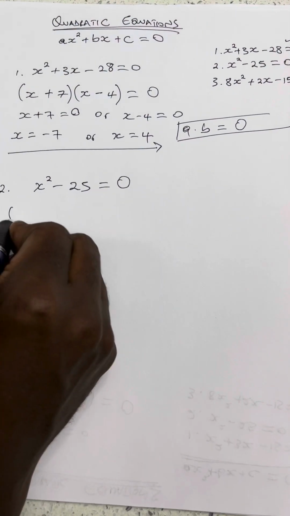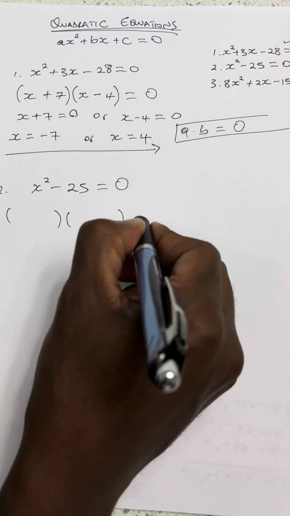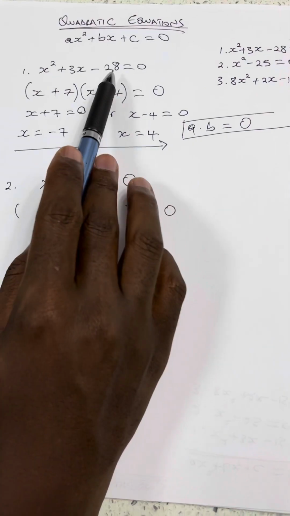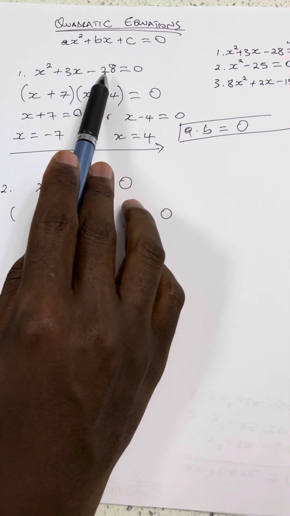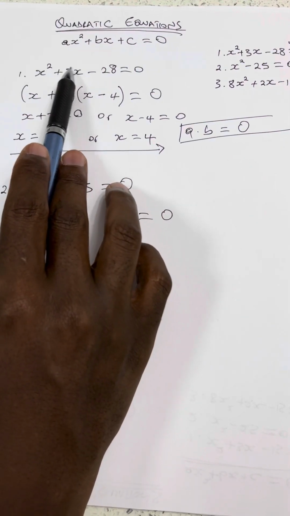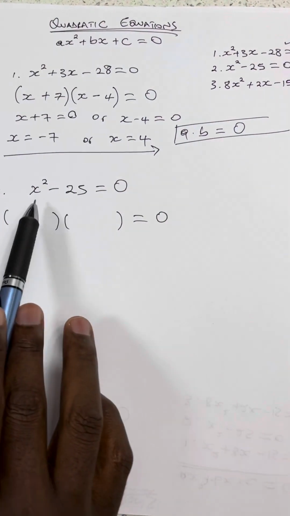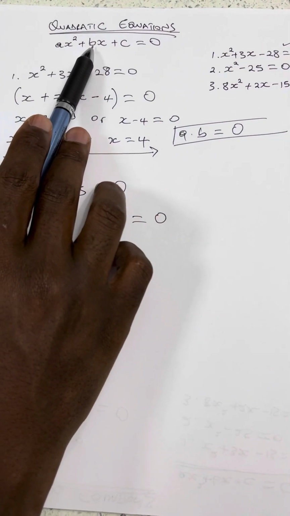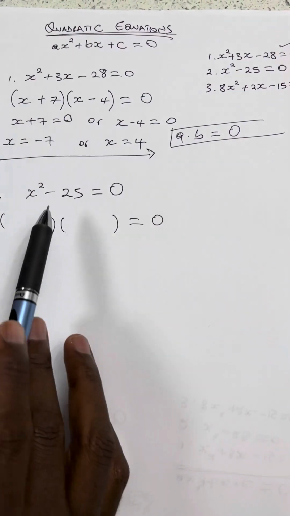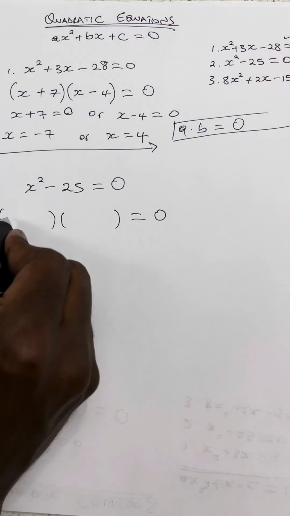So when you factor this, you can use the same thinking behind what I did here. We wanted factors of 28 that, when you subtract them, give you 3. In this case, our b in this equation is 0.